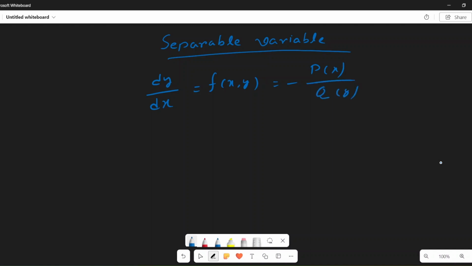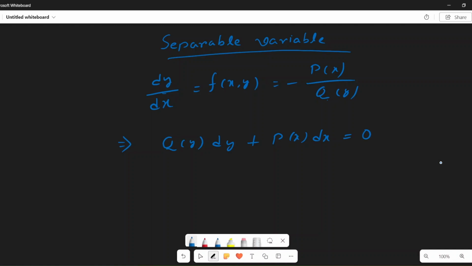This equation can be written so that we make the y terms together and x terms together. So that implies qy dy plus px dx is equal to 0.